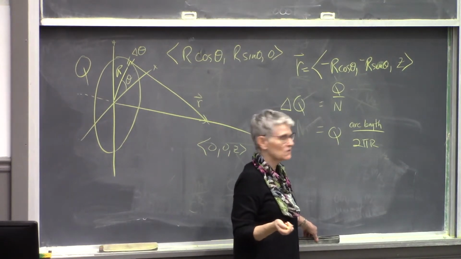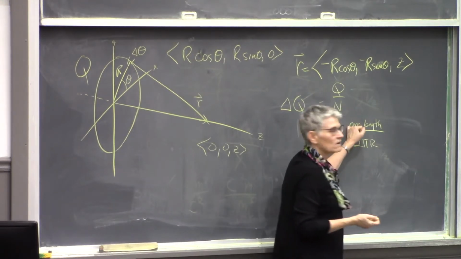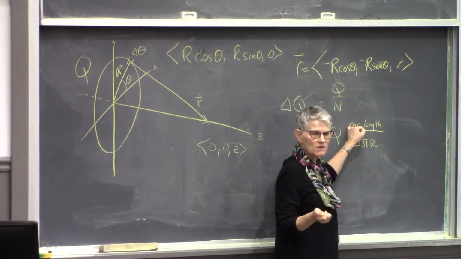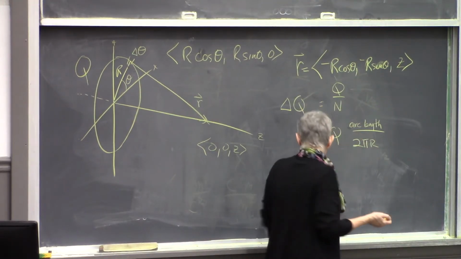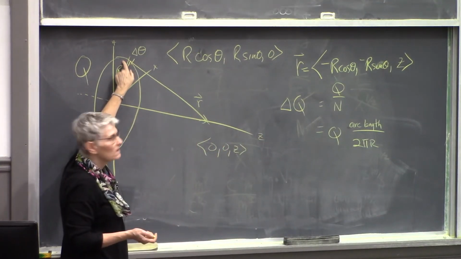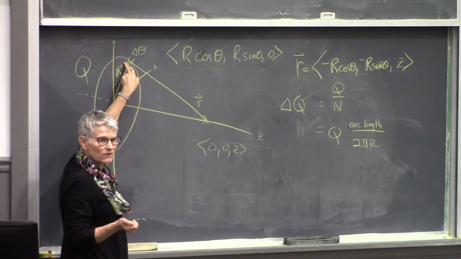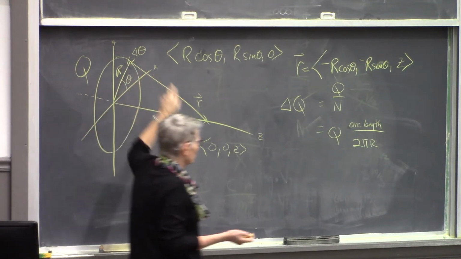So this is a unitless fraction, and the arc length of our little piece is what? What's the arc length of this little piece here, if its angular length is delta theta? Yeah, r delta theta.